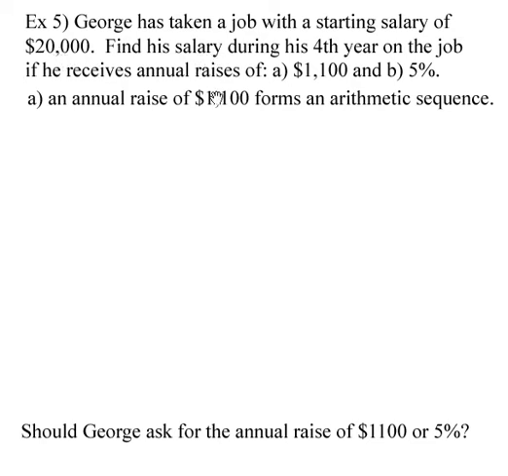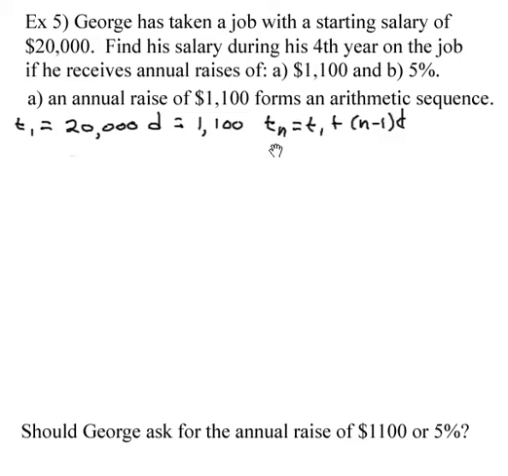Whatever that is, we add $1,100 to get his salary for the third year, and again for the fourth year. So the first term in our arithmetic sequence is $20,000. The common difference, what we're adding to his salary each year, is $1,100.